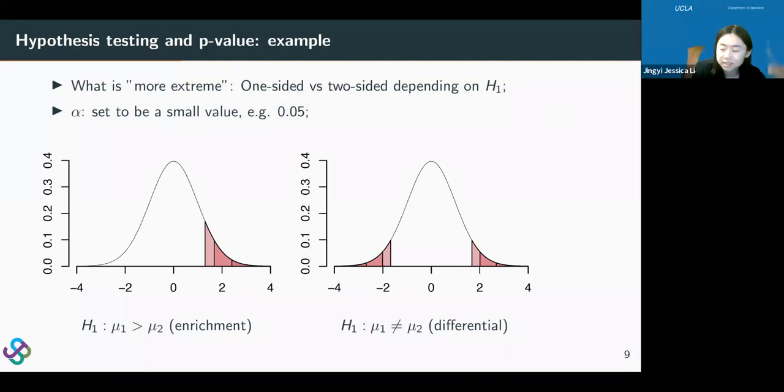Just to add to Xinzhou's slide, we can consider the p-value just as a transformation of your data. Given your observed data, once you apply the procedure Xinzhou just described, you convert your data into a number between 0 and 1. That's the p-value, and it represents some evidence against your null hypothesis.